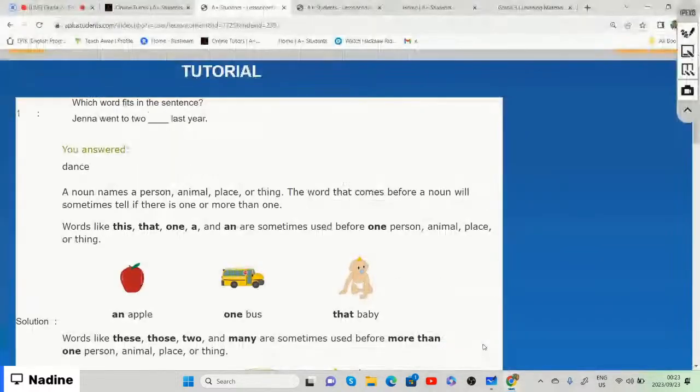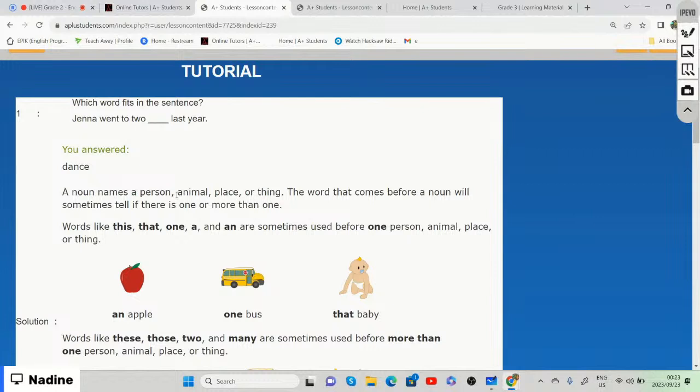All right, so now we're going back to A plus students.ca. We're going back to our tutorial page on A plus students.ca. Once again, a noun names a person, animal, place, or thing.